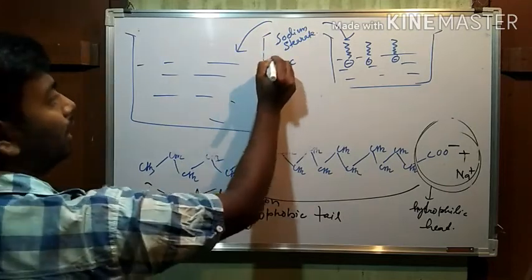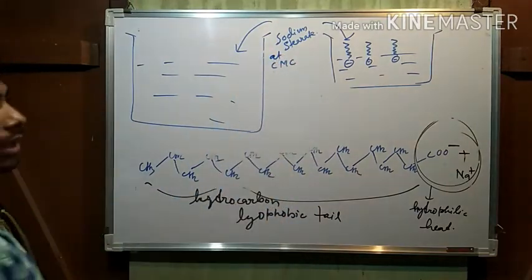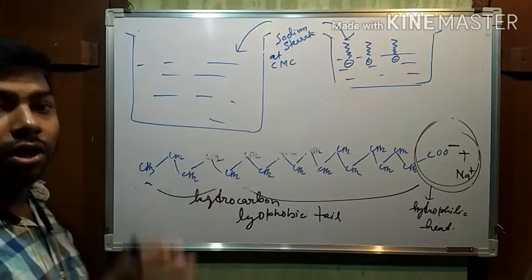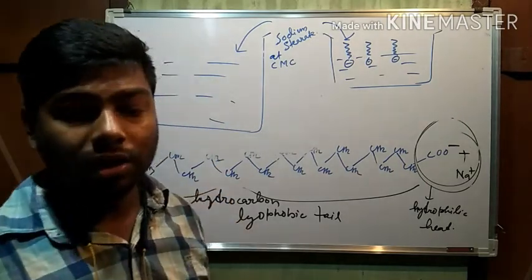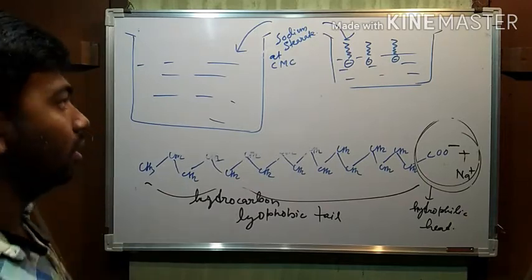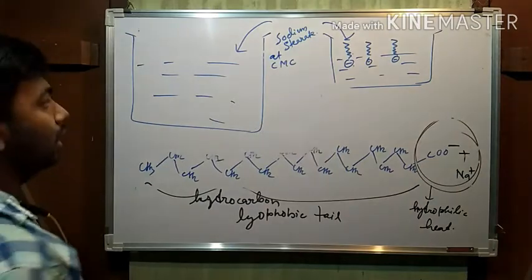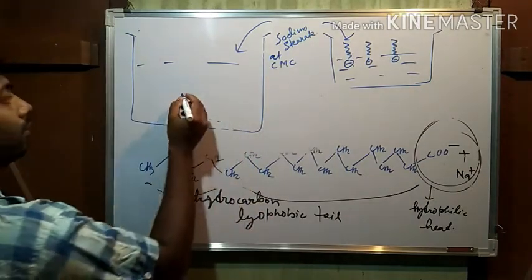Then it produces a globular type structure. Now see how. Remember, this one is water repelling, this one is water loving. Then it produces this way.